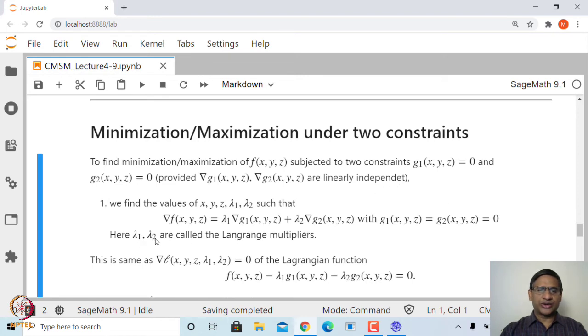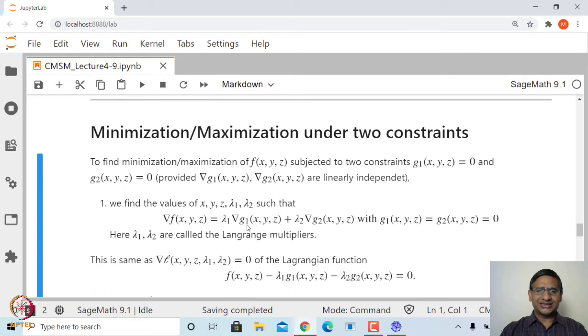Here lambda 1 and lambda 2 again are called Lagrange multipliers, and that is the first order necessary condition for a point (x, y, z) to be a minimum or maximum of f subject to g1 equal to 0, g2 equal to 0.